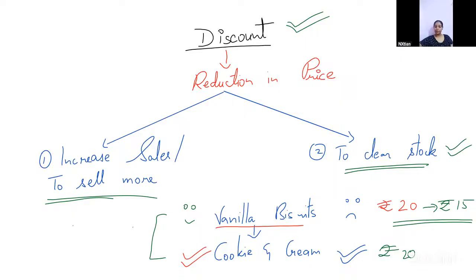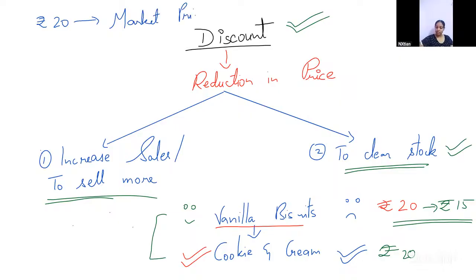Okay, now take a look at one more thing. The vanilla biscuits cost 20 rupees before. In the concept of discount, this 20 rupees is known as the market price.